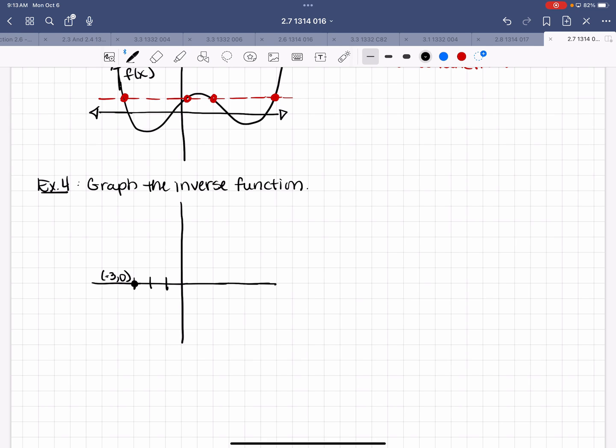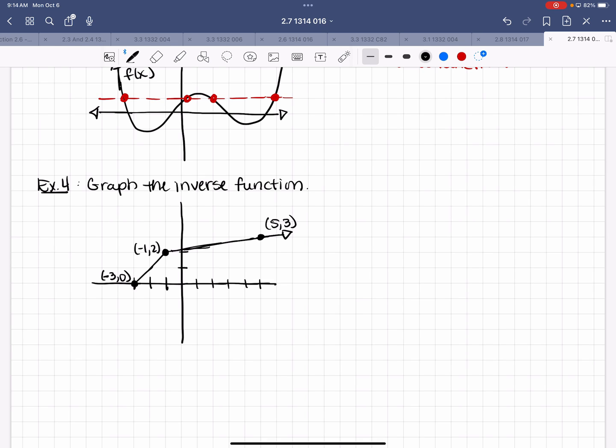Okay, then we've got a point at -1, 2. Then we have a point at 5, 3. Okay? And we want the inverse function.